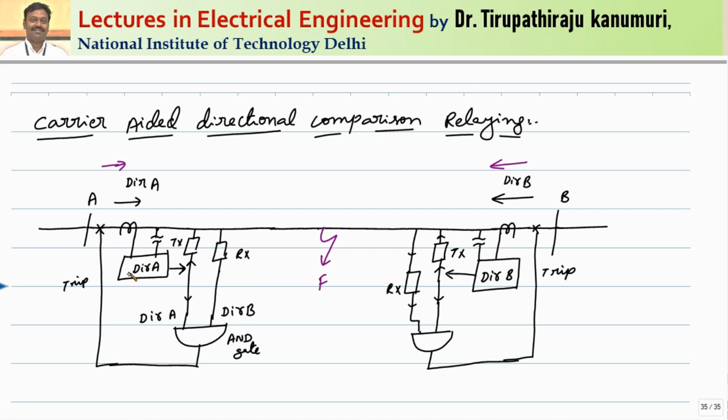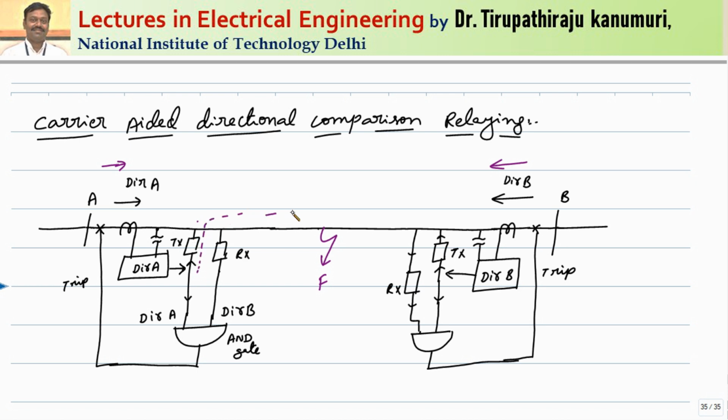Now the directional relay A, at this point, will detect the direction. Here any type of directional relay or power relay can be used. Based on the directional relay, it will sense that the fault has happened and it is in this direction only. Now it will send the signal to this AND gate, as well as transmit the signal. The signal will be transmitted like this.